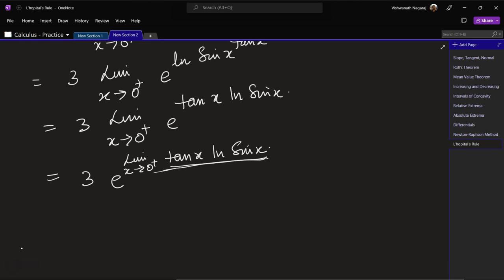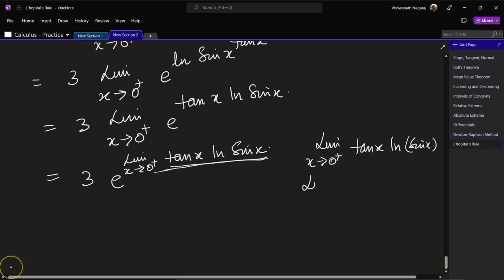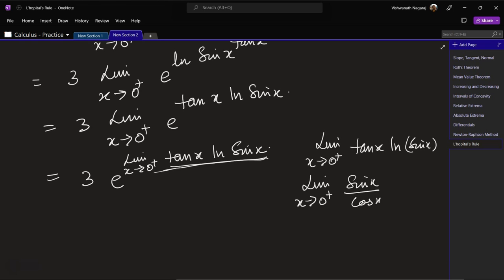So what do we get? The limit as x approaches 0 from the positive side of tan x natural log of sin x can be written as the limit as x approaches 0 from the positive side of sin x by cos x times natural log of sin x.